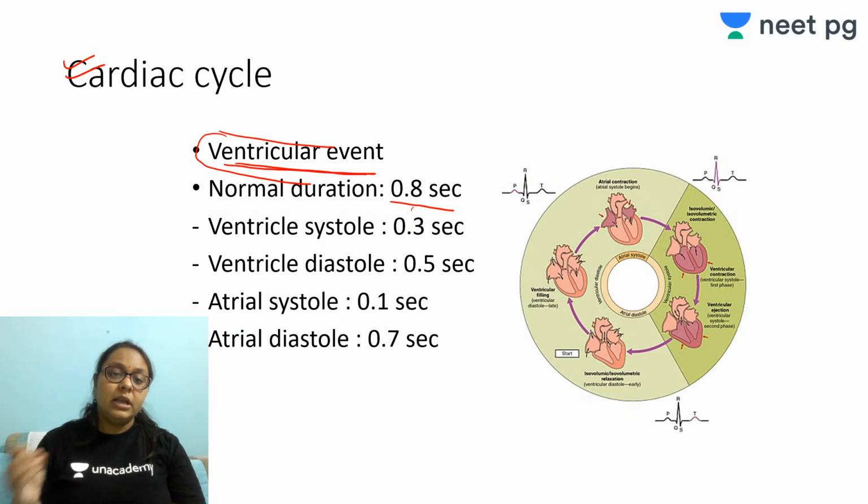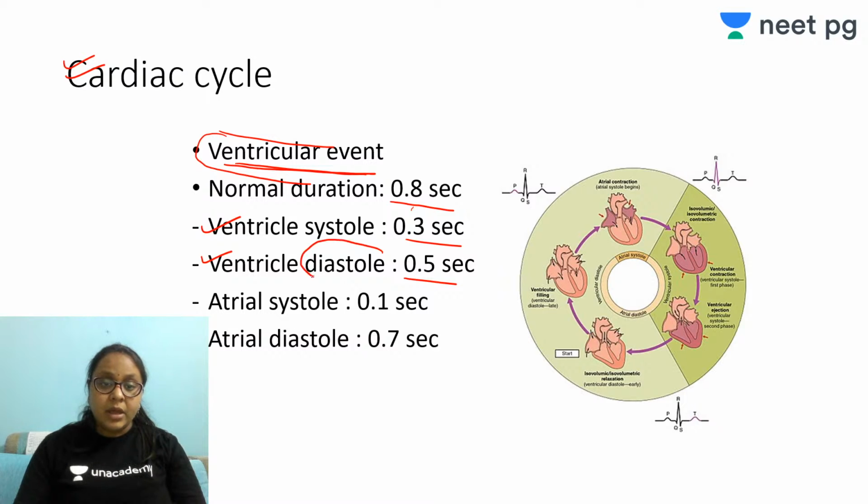Okay, so ventricular event, the normal duration is 0.8 seconds. The ventricular systole is 0.3 second and ventricular diastole is 0.5 seconds. So that means the ventricle is in diastole for more time as compared to ventricular systole.